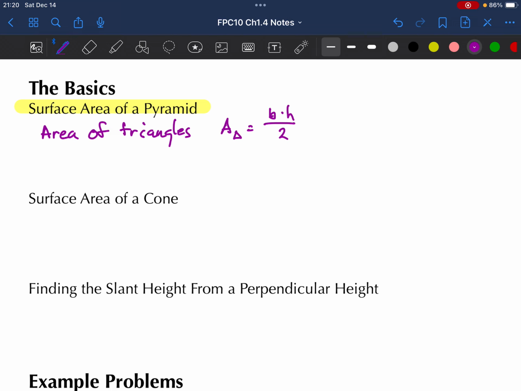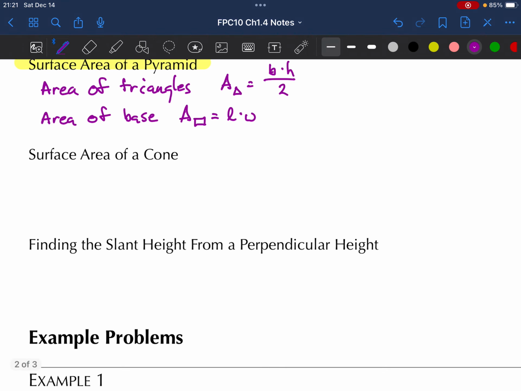If it's a square-based pyramid, so the bottom is a square, then all the triangles are the same. If it's a rectangular-based pyramid, then we have 2 triangles that are the same and 2 other triangles that are the same. Then we need to figure out the area of the base. And typically right now, it's going to be either a square or a rectangle, and that's just length times width.